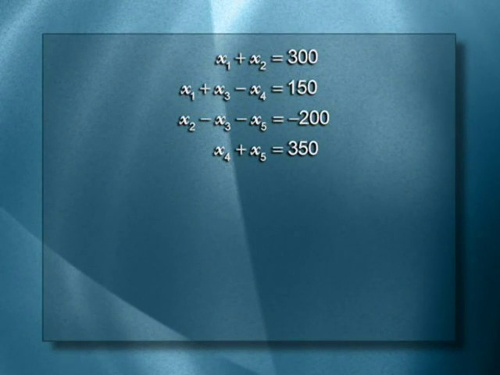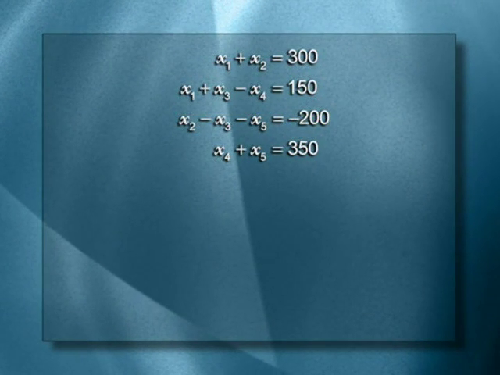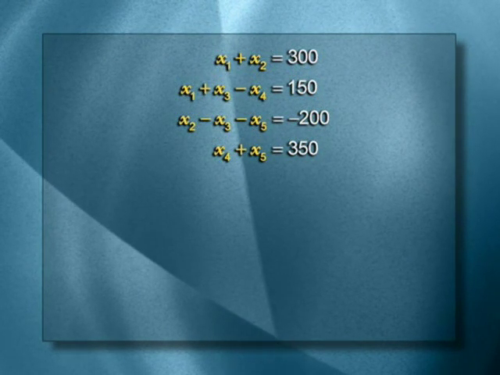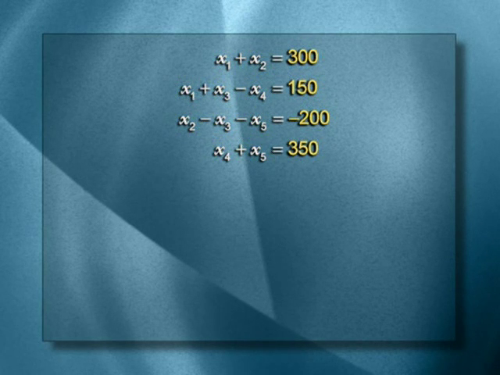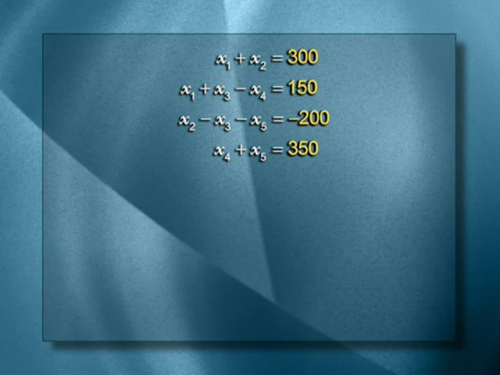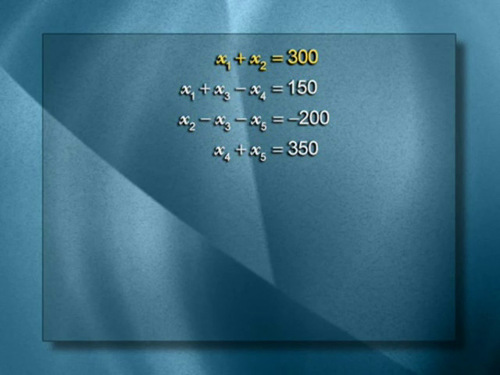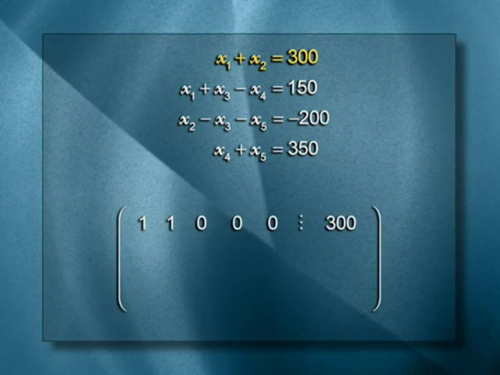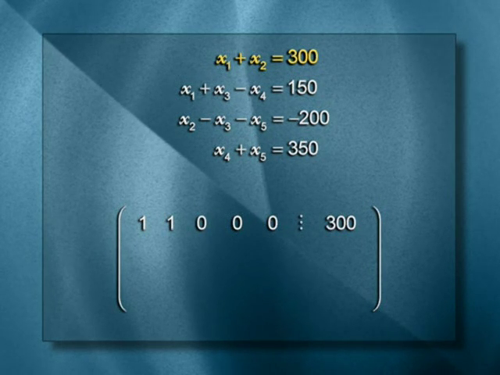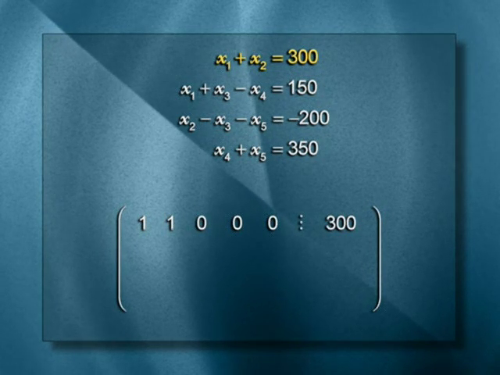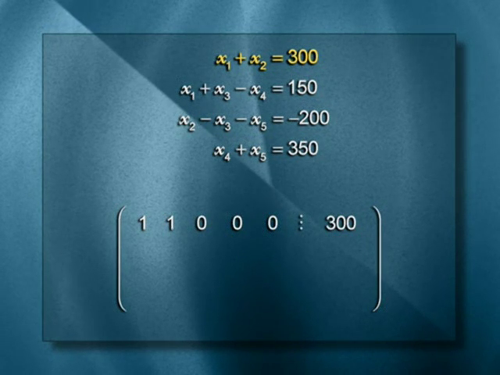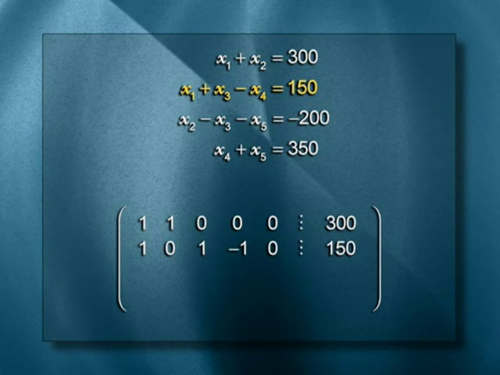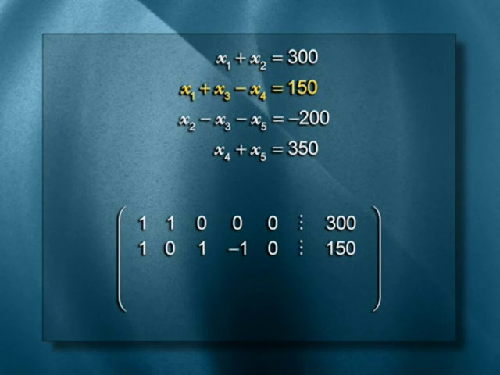Here's the system of linear equations. There are 4 of them because there were 4 corners, and they involve 5 variables, don't they? x1 through x5, and then they have a right-hand side, those numbers. Here they are. x1 plus x2 equals 300. That was the first equation. And in matrix notation, you would write it as the first row of your matrix, 1, 1, 0, 0, 0, 300. The row corresponding to the second equation turns out to be 1, 0, 1, minus 1, 0, 150.